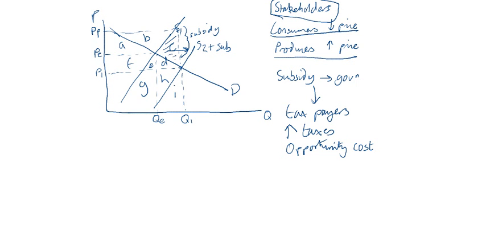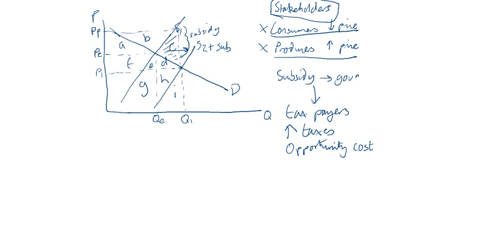Okay, this triangle C represents a deadweight loss to society because consumers are not benefiting from it, producers are not benefiting from it, but it's costing the government and therefore the taxpayer money. So no one is benefiting from it.